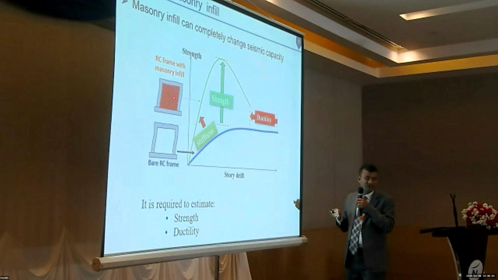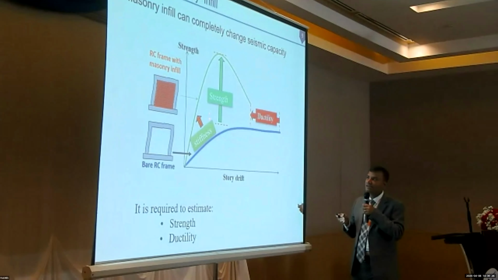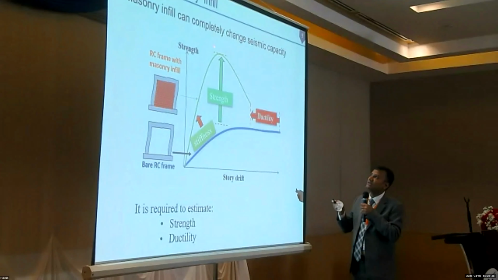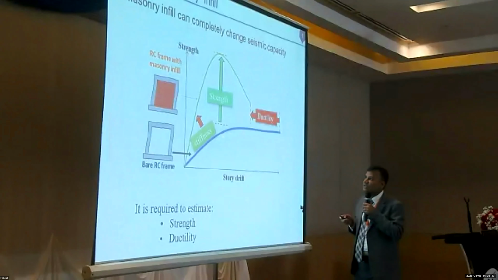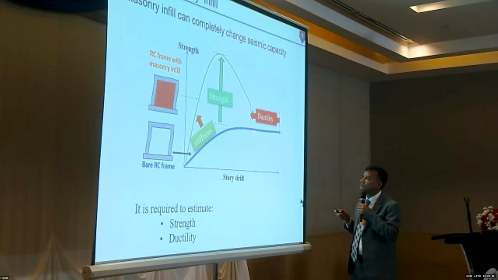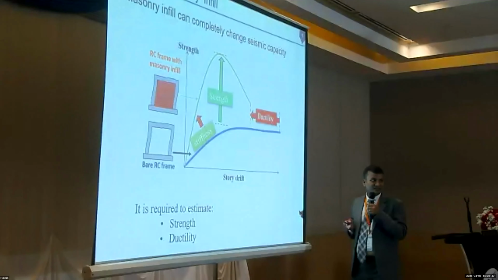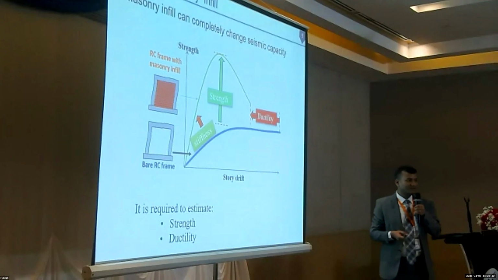And if we put the masonry infill, and we push from this side, then it behaves like this way. So if you see, this is the strength, and this is the story drift, ductility. So the strength changes hugely, sometimes 2 times increase in strength, and sometimes ductility is also a little bit increased. So this is the change of the behavior.